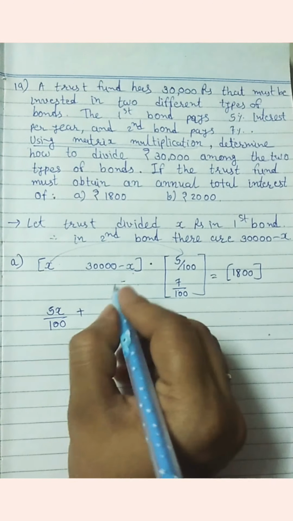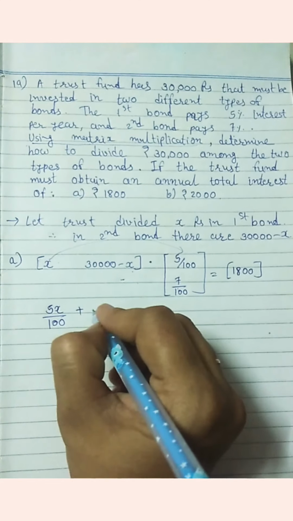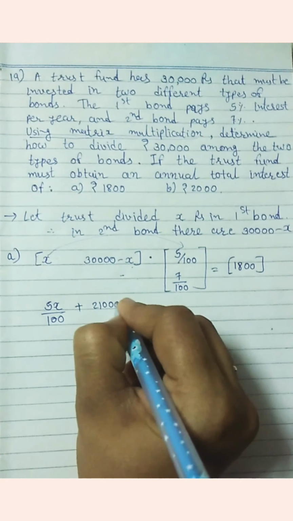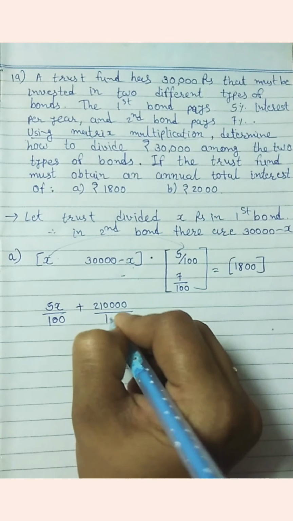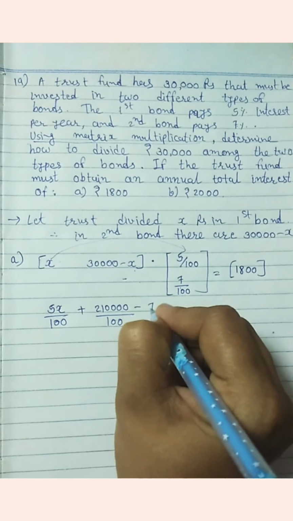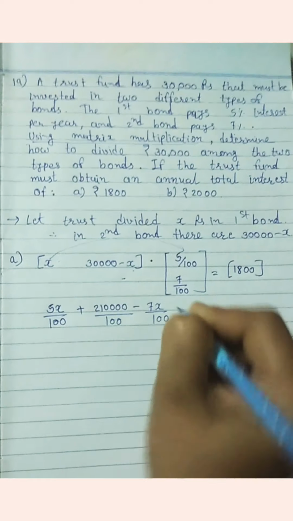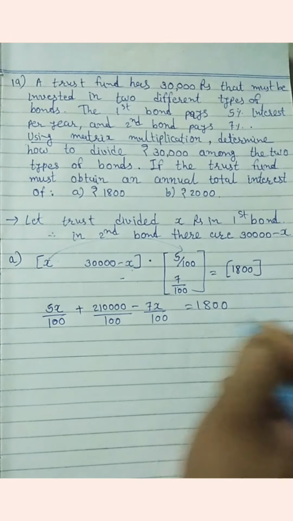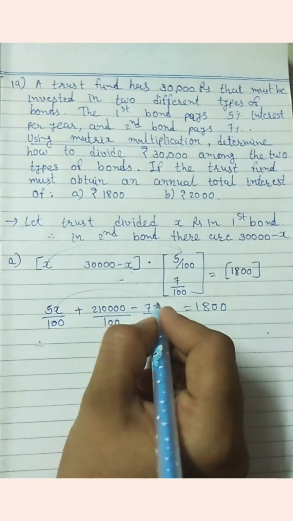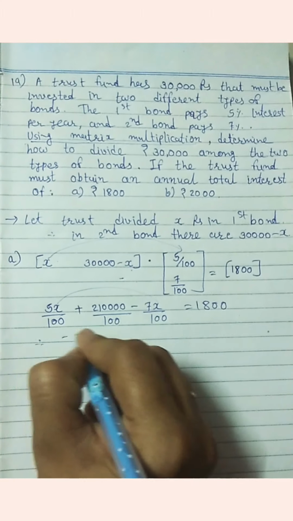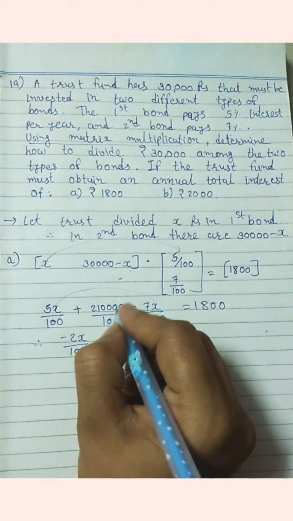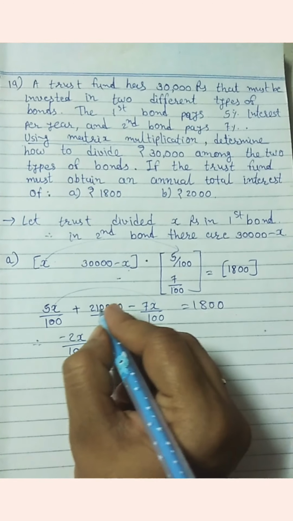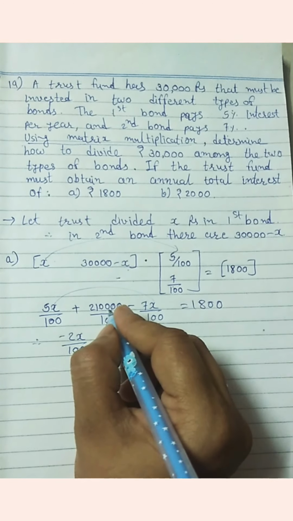So 5x by 100, 7 into 30,000, that is 21,000 by 100 minus 7x by 100. Okay, so this is your 1800. Here you can do direct addition, that is minus 2x. यहाँ पे क्या हो जाएगा, ये कट. So here it is left 21,000.